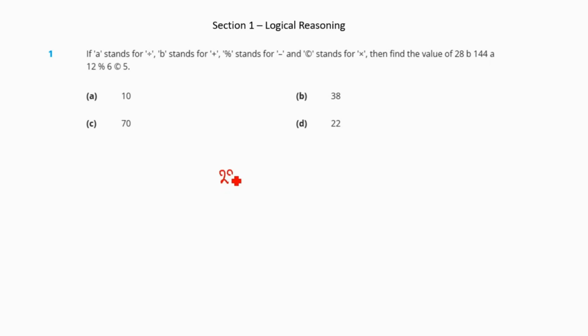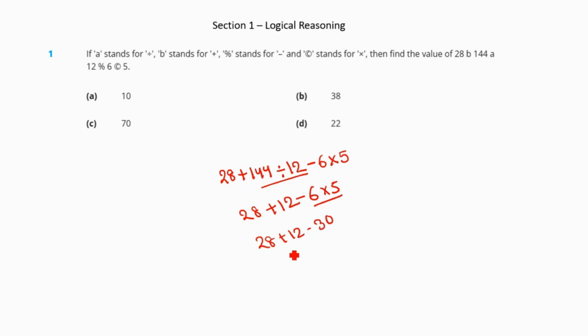So 28 B 144 A 12 percentage 6 copyright 5. First we have to do the divide. So 28 plus 12 minus 6 into 5. Then we have to multiply: 28 plus 12 minus 30. Then we have to add. So this will be 40 minus 30 and the answer will be 10.